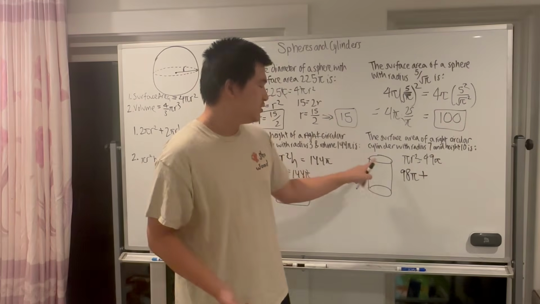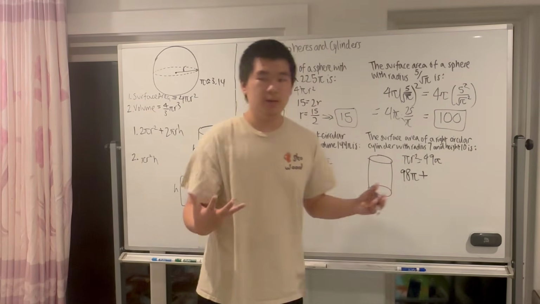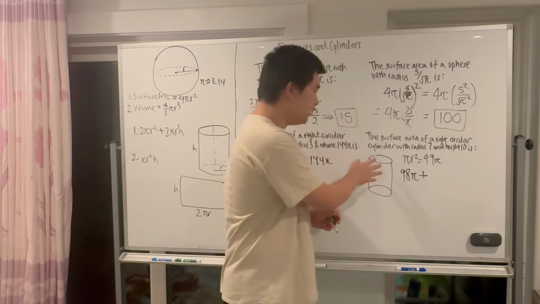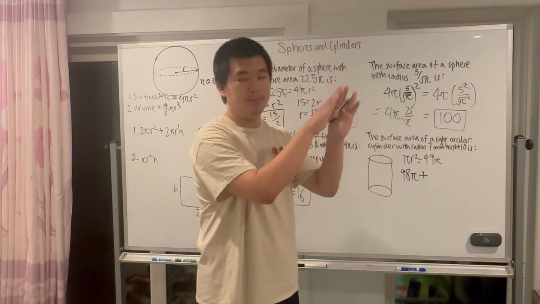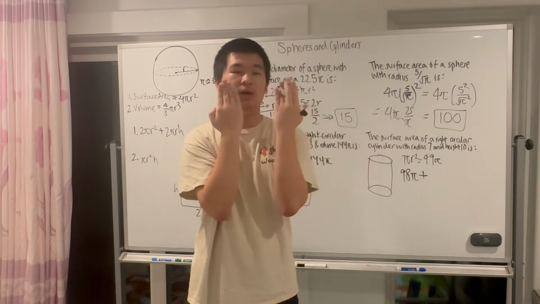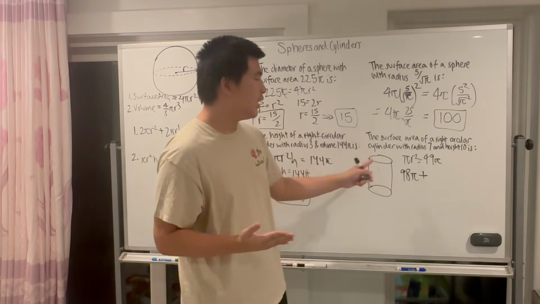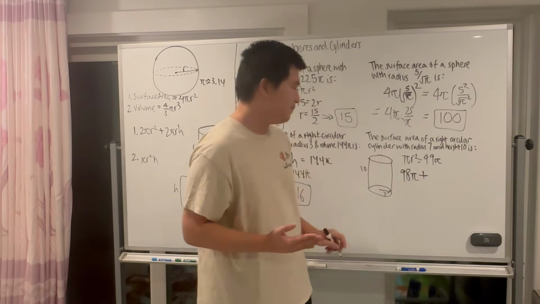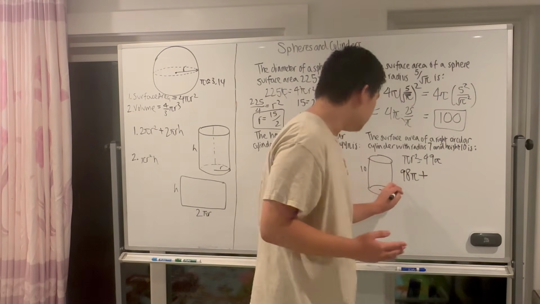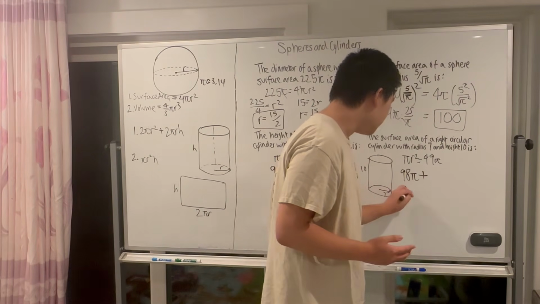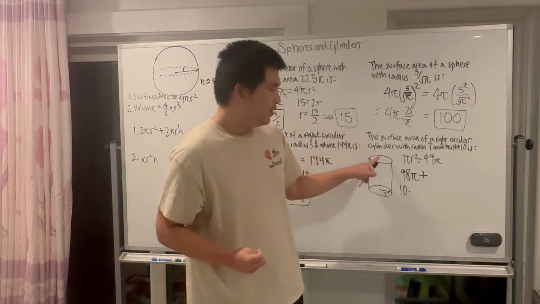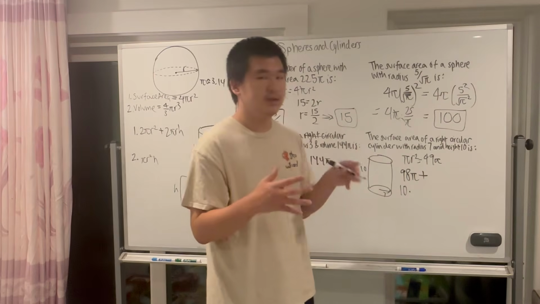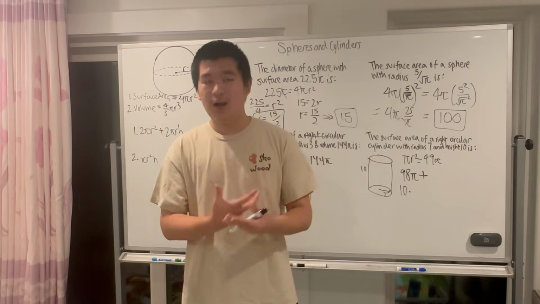Plus this wrapper thingy, right? The wrapper is actually a rectangle, right? As we remember, if we kind of unfold this wrapper to make it 2D, it becomes a rectangle. Now the height of that rectangle is going to be the height of the cylinder, which is 10. So it's 10 times. Now the length of the wrapper is going to be the circumference of the circle, because the wrapper was originally wrapped around the circle, right?